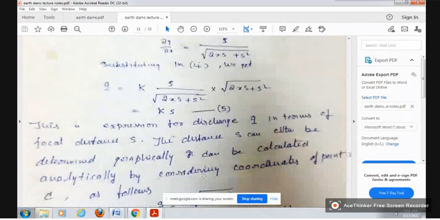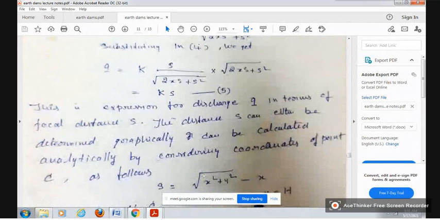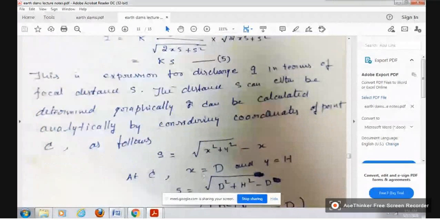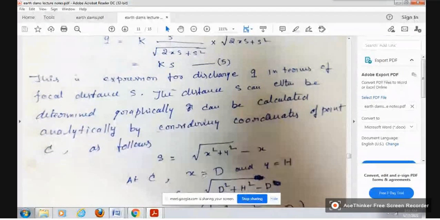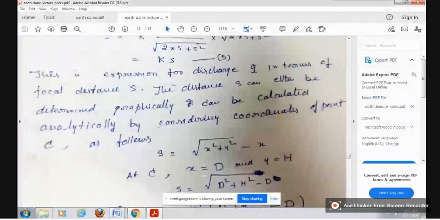Got my point? So this is a very simple equation: Q is equal to KS. The distance S can either be determined graphically or calculated analytically by considering the coordinates of point C, as follows.